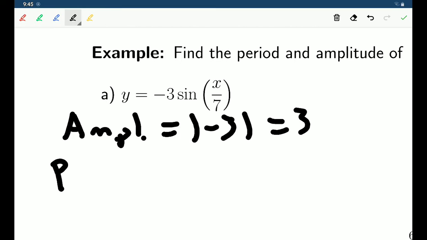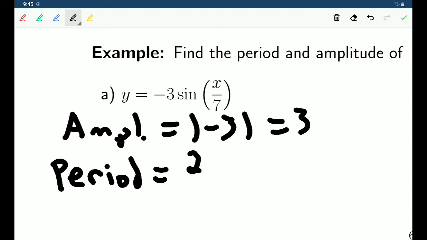And for the period, notice that we have sine of x over 7, which you could think of as being 1/7 times x. So if you're dividing every x coordinate by 1/7, that's the same thing as multiplying every x coordinate by 7. This will be a graph 7 times stretched out wider than the original sine function.